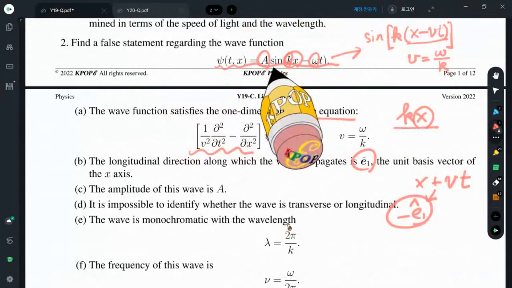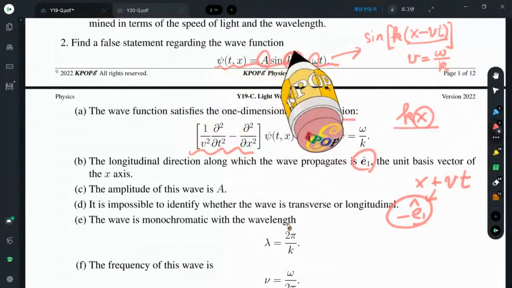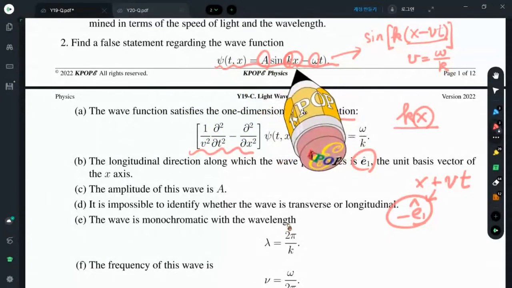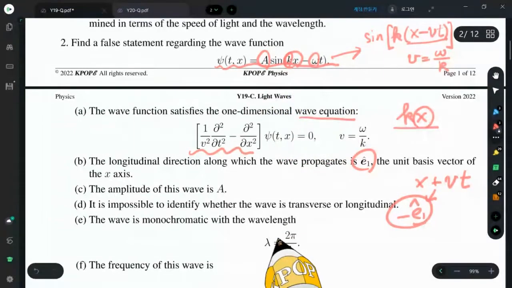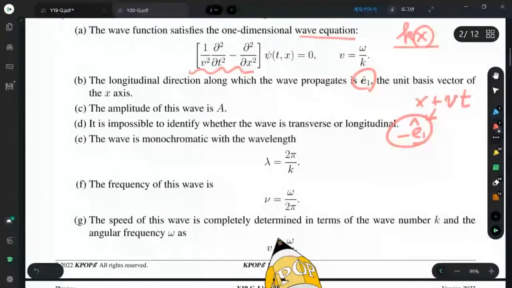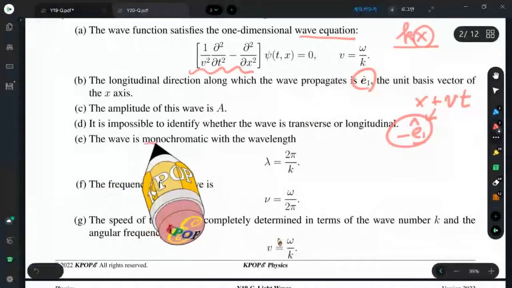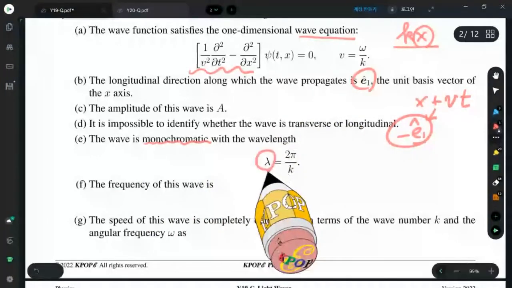Because there is no further description right now, I don't know whether it is a longitudinal wave or a transverse wave. We need more description to determine. This wave is monochromatic with a wavelength lambda.